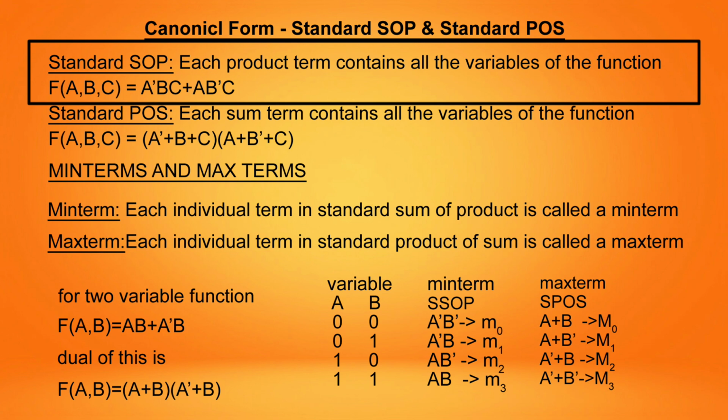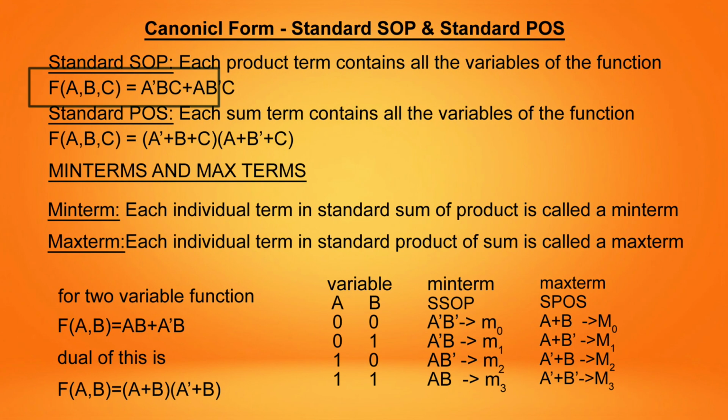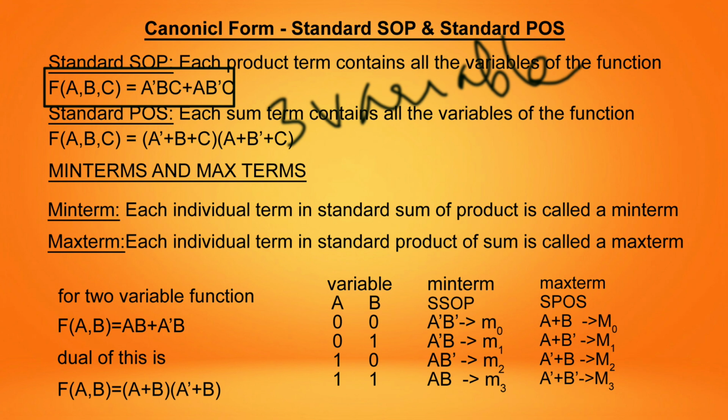Each product term contains all the variables of the function. f of ABC equal to a dash bc plus a b dash c. This is a three-variable function. The expression for this function has two product terms. Whenever each product term contains all the variables, then we call it standard SOP form.